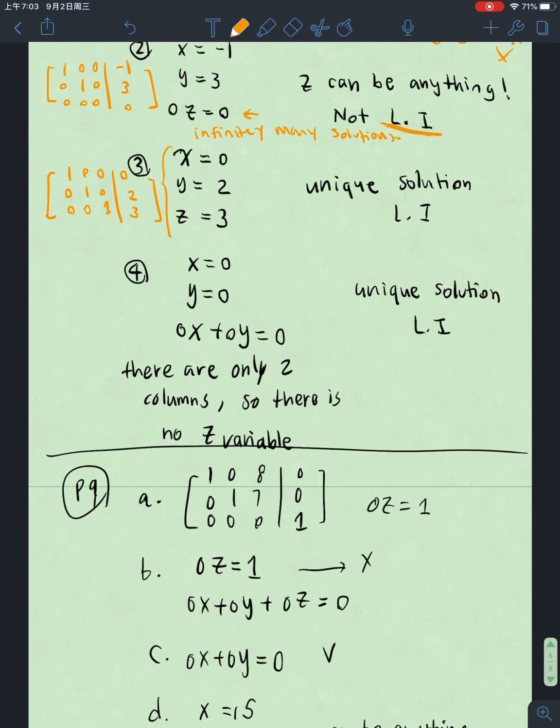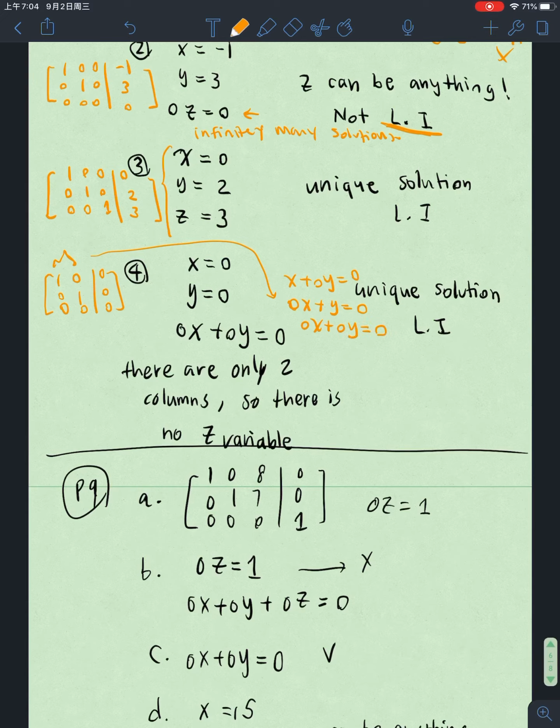And the last one, 1 0 0, 0 1 0, 0 0 0. The first time I got this wrong because I read it as 0z equals 0, but actually that's not right, because there are only 2 columns, so the original set can only be x plus 0y equals 0, and then 0x plus y equals 0, and finally 0x plus 0y equals 0.